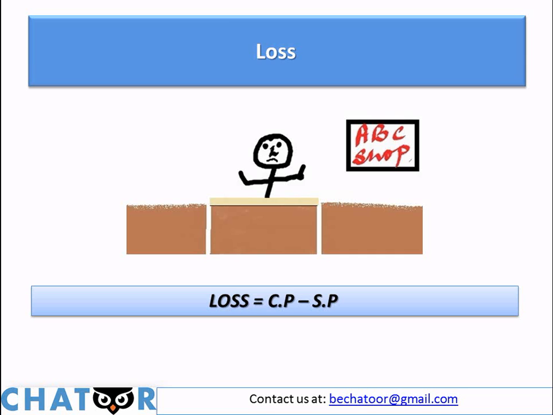So loss in this case is CP minus SP. So let's look at it this way. Suppose the phone that he got from the dealer was priced at $600. In a normal market scenario, where the demand was more than the supply, he would have given it probably at $650, $700, God knows at what rate.